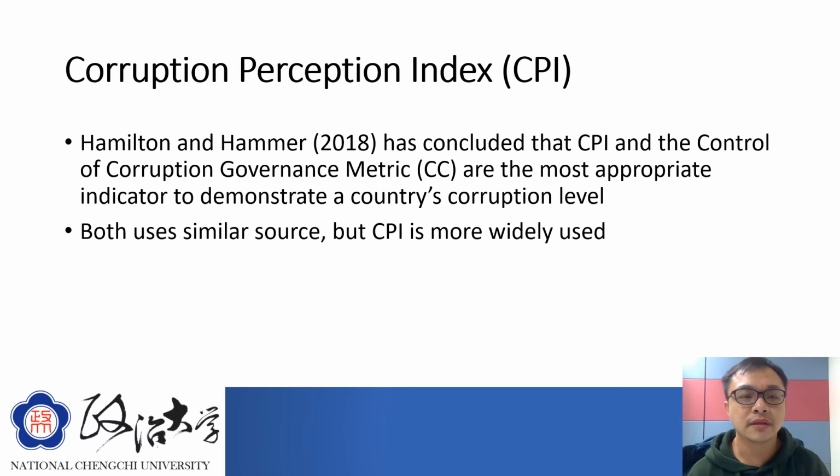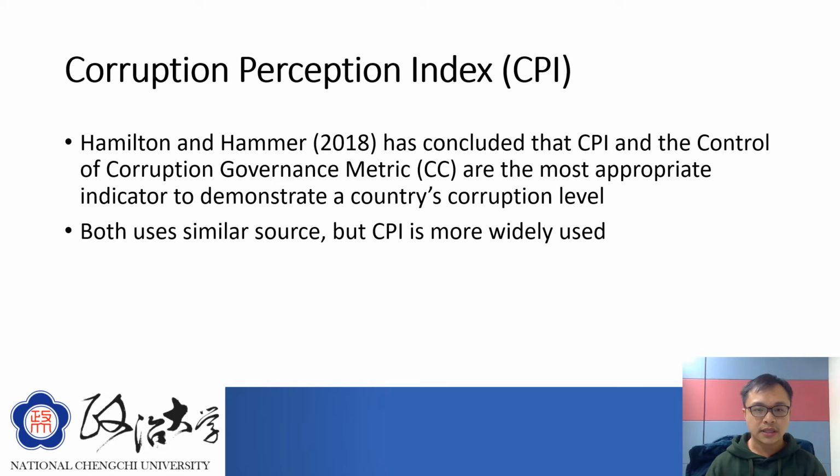So the main figure I'll be using will be the corruption perception index. There are many indexes in the field that measure corruption. This paper from 2018 compares all the different indicators and points out CPI and CC are the most appropriate indicators.